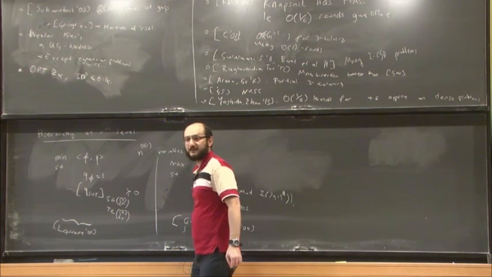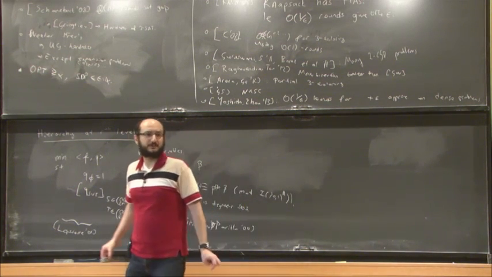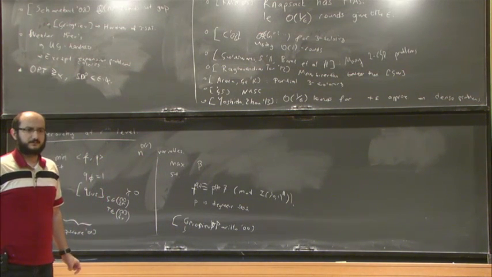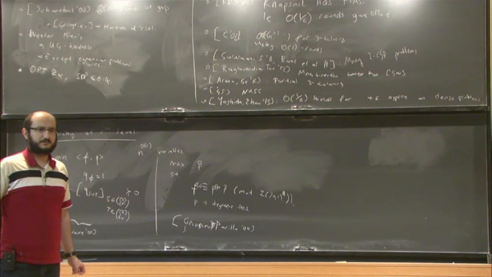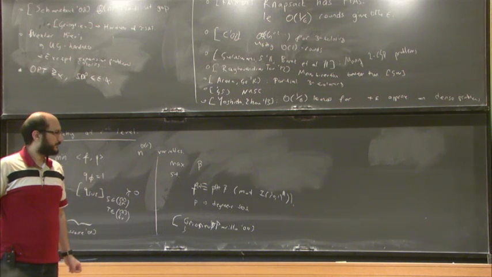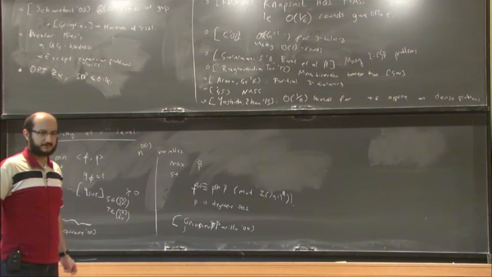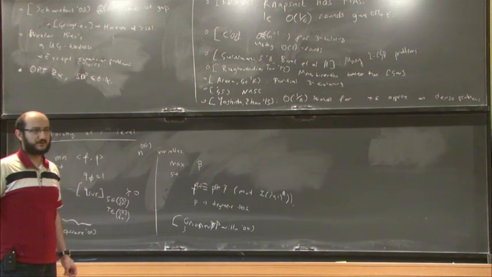Question: are there any problems where you have an algorithm for all epsilon in f of epsilon times n cubed time, but the Sherali-Adams hierarchy provably requires n to the 1 over epsilon? No, none that I know. That would actually be quite nice.